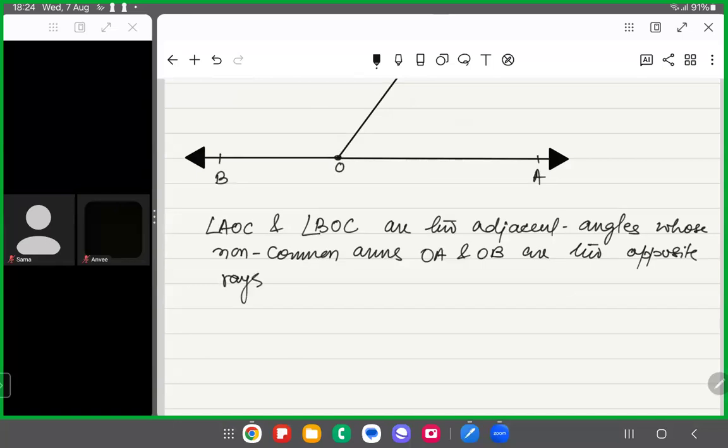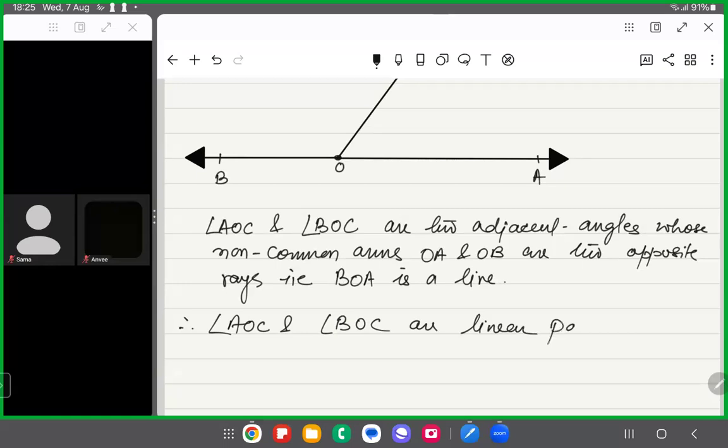Opposite rays means they are forming a straight line. Right? Means BOA is a line. These two opposite rays make a straight line. So BOA is a straight line. So in this case, we say that angle AOC and angle BOC are linear pair of angles.